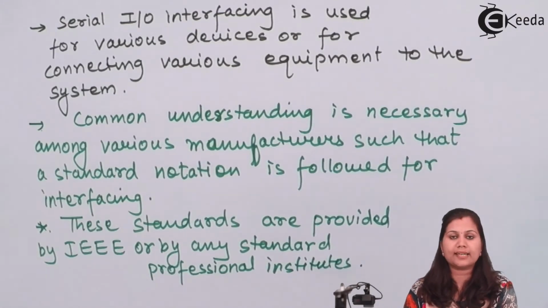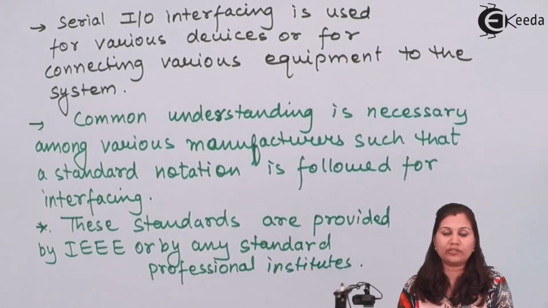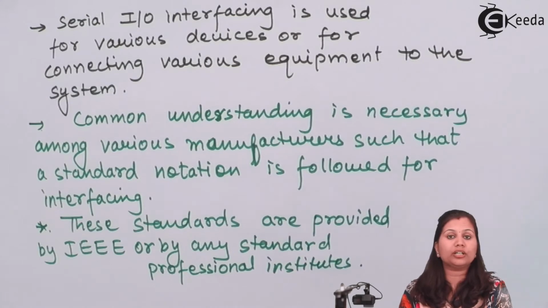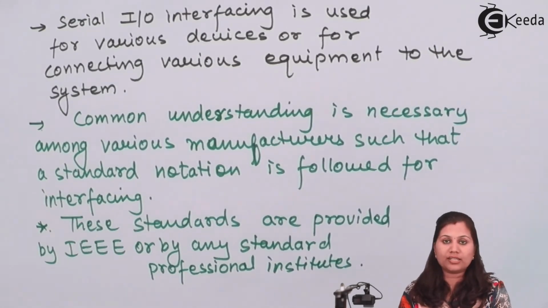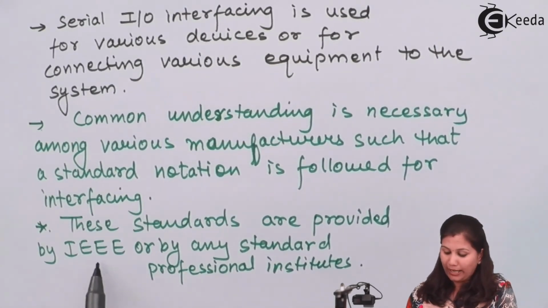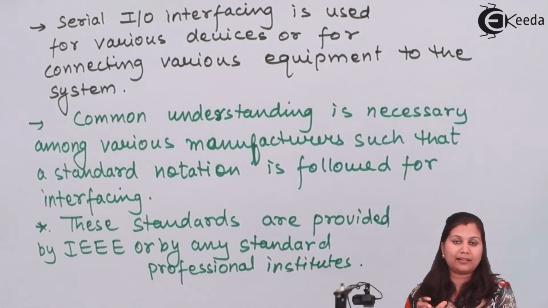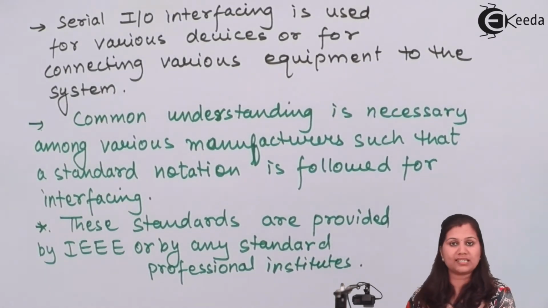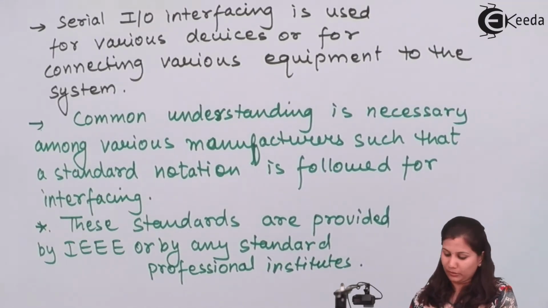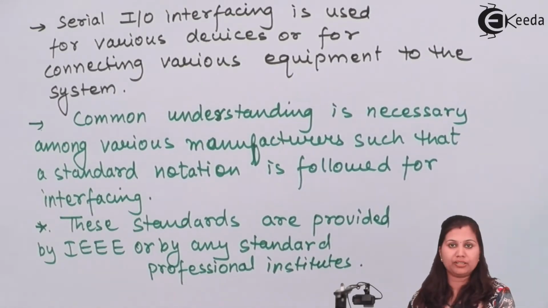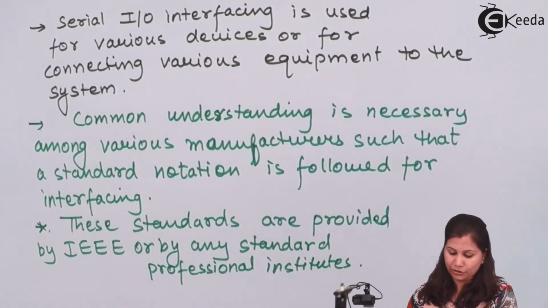These standards are provided by the IEEE, which is an international institute for engineers. IEEE is the international institute which sets the standard for all engineering equipment. It can be IEEE or any standard professional institute. They set the standard for the communication.